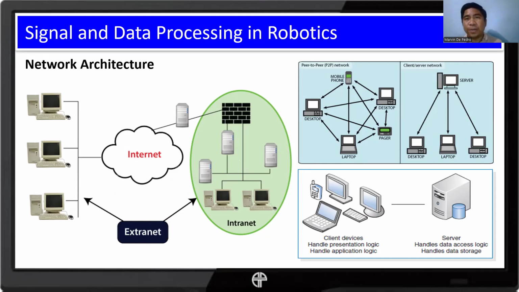Peer-to-peer means anyone can communicate with anyone. Anyone can send data to anyone. Anyone can control anyone. So that's peer-to-peer within the robotics context.